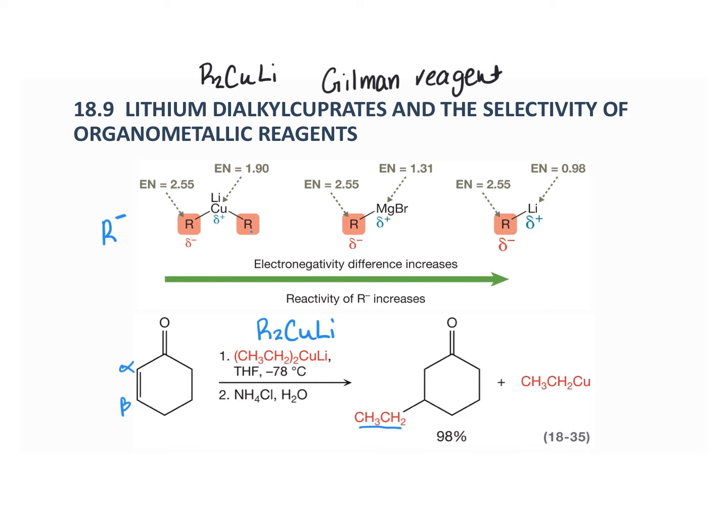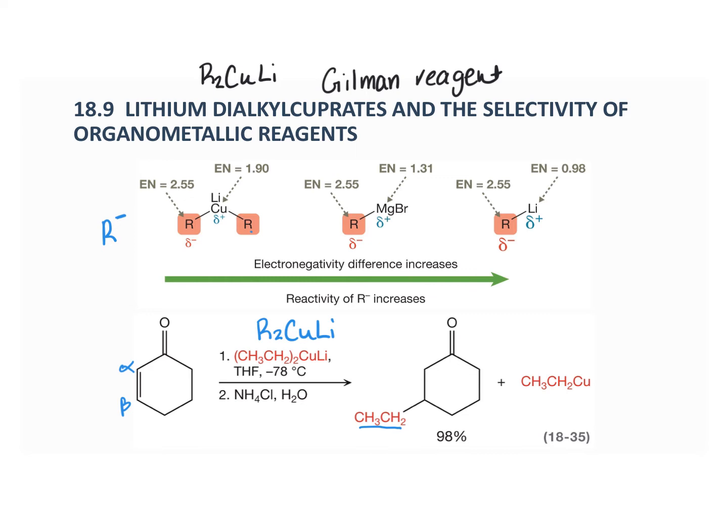Now, the reason for this regioselectivity is not exactly known because the specific mechanism for the reaction of the lithium dialkyl cuprates is not fully understood. So people are still researching this. However, more recently, chemists generally believe that the species that initially attacks as the nucleophile is not R minus.